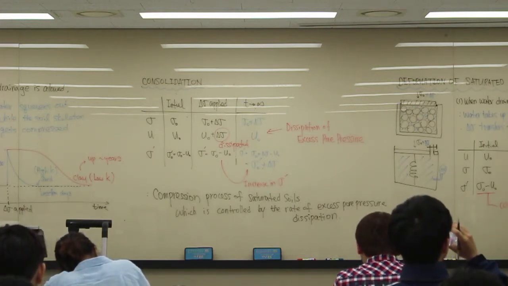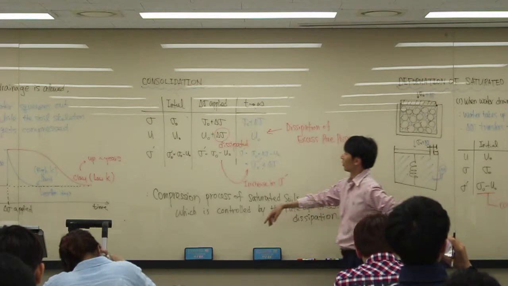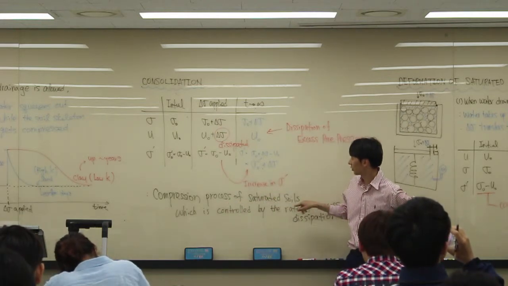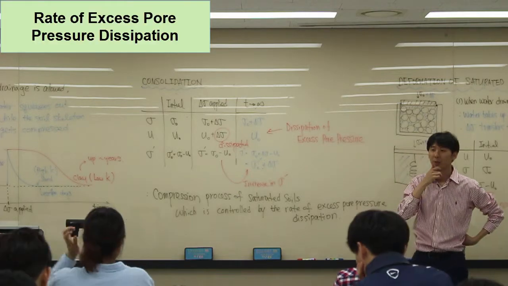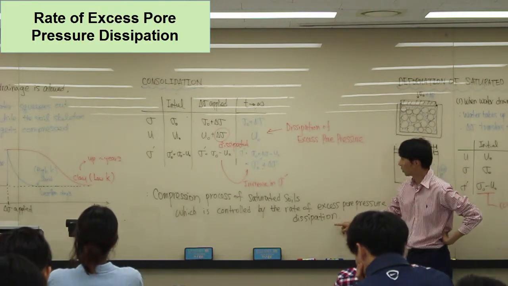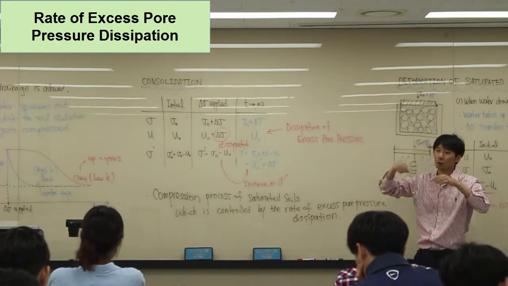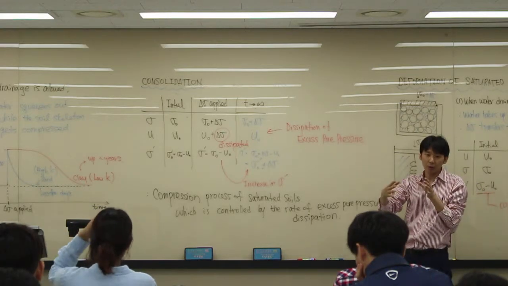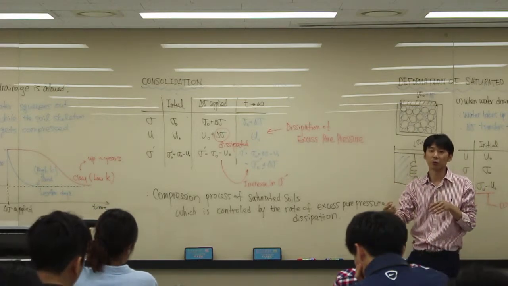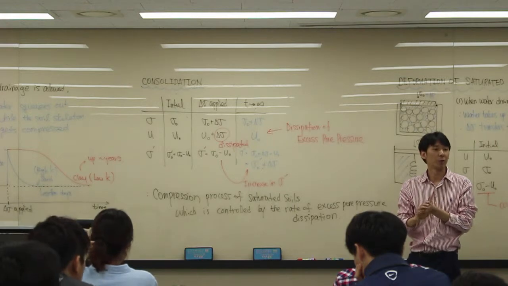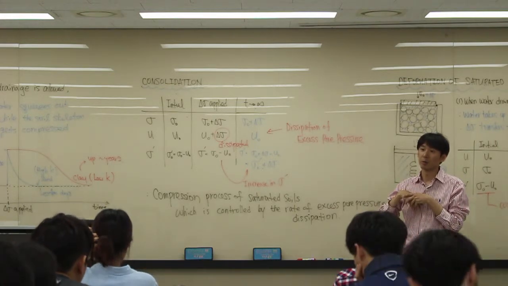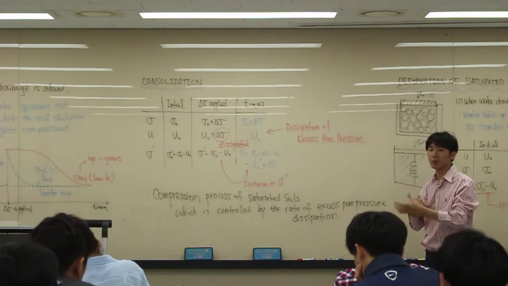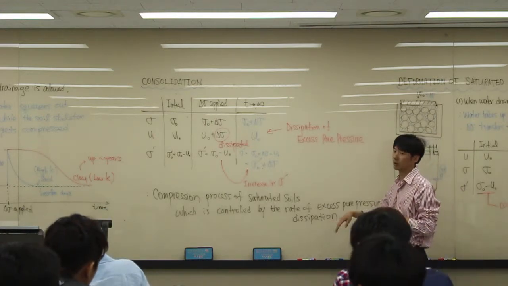So consolidation is defined as a compression process of saturated soil controlled by the rate of pore pressure dissipation. How fast the water can escape is controlled by what? K, permeability. So permeability will determine the rate of dissipation.